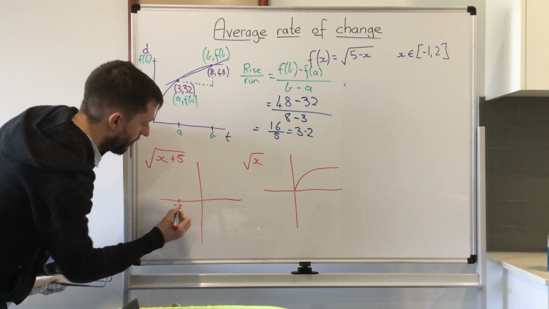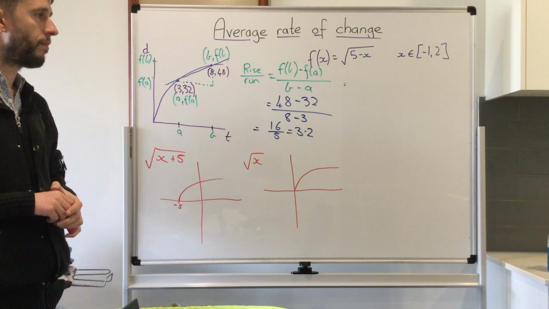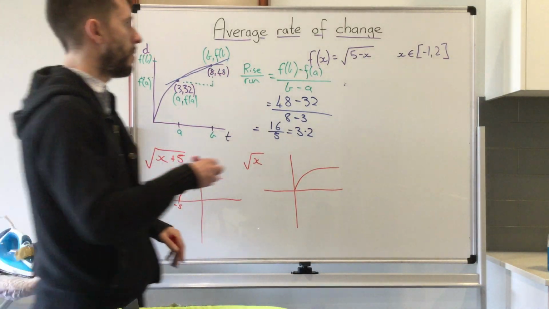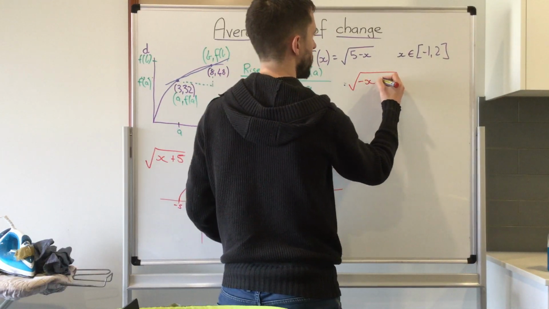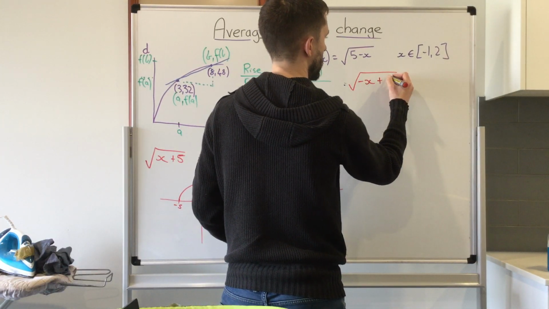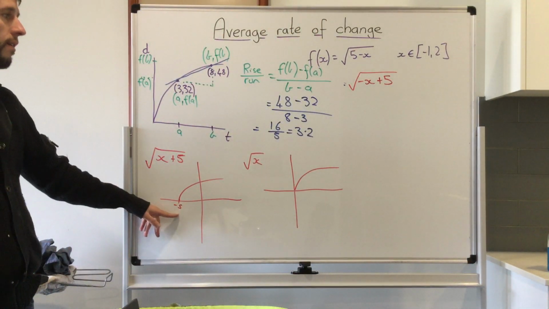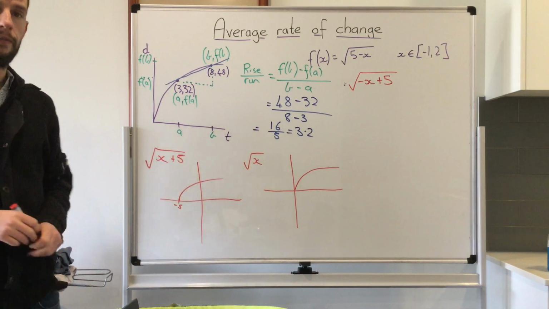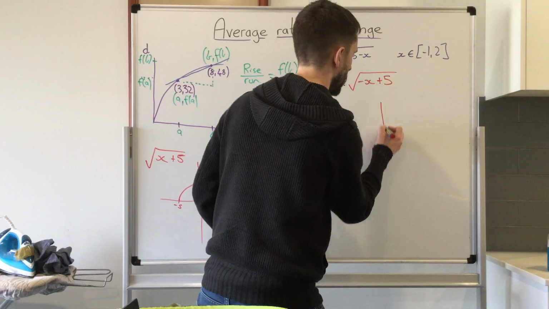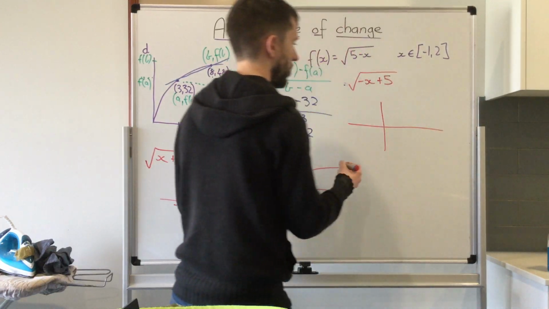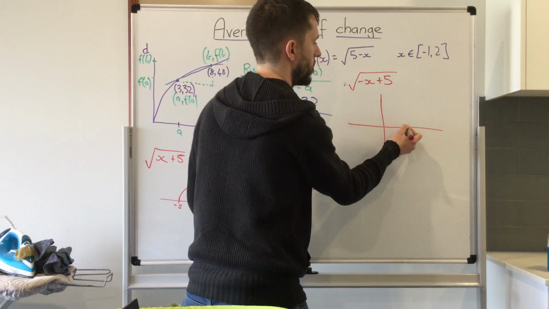So at -5, my graph is here. The next thing I look at is my last part, which is the square root of -x plus 5. So that is the same, except instead of -5, it will be +5. So that just means I'm going to have my graph here, and it is going this way.